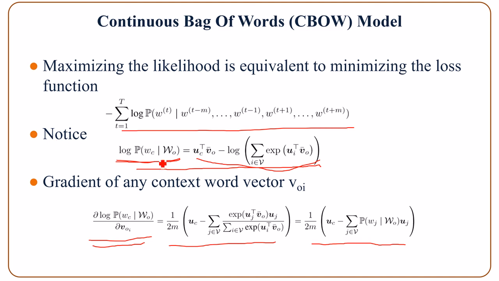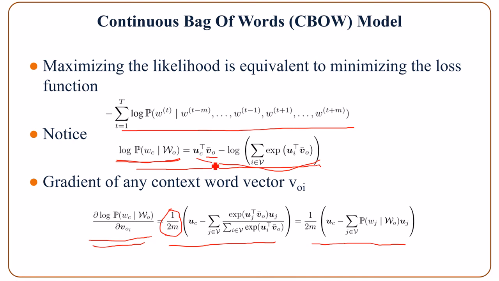Notice how we get the 1 divided by 2M here. This is from VO bar. VO bar is the average vector.